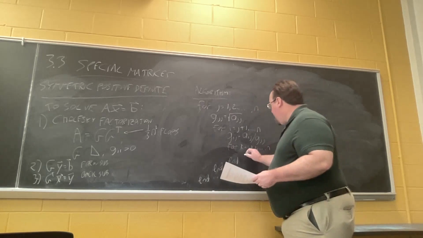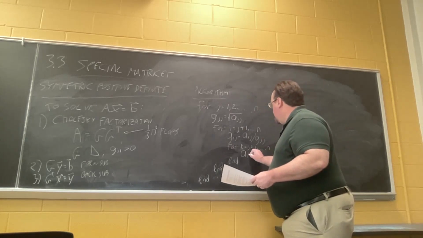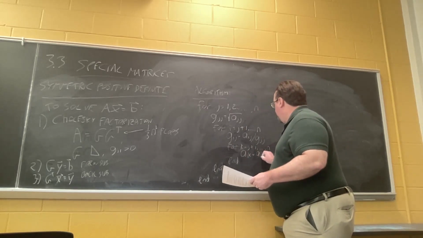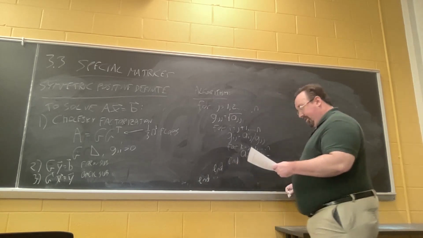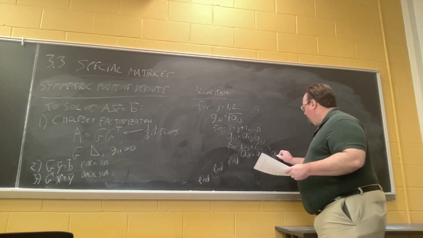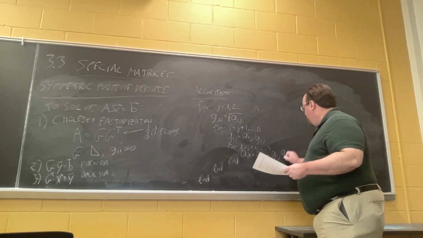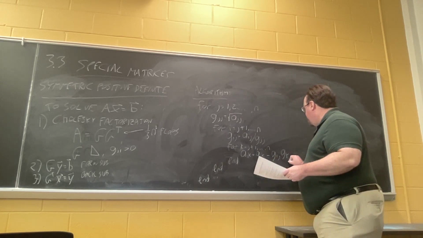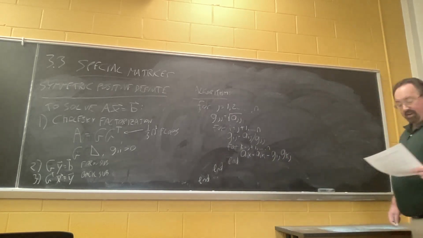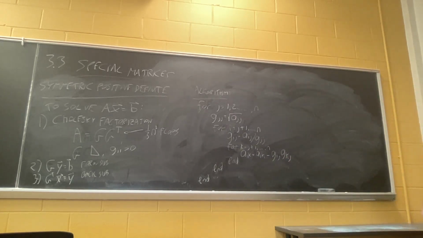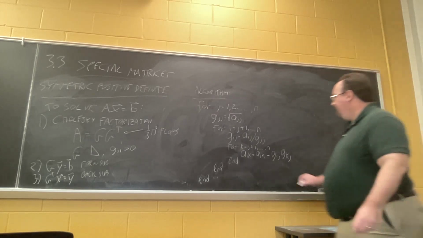You'll have Aik equal to itself minus this sort of multiplier, G, but there you have an entry of G, Kj. Okay, so it's not exactly a row operation.